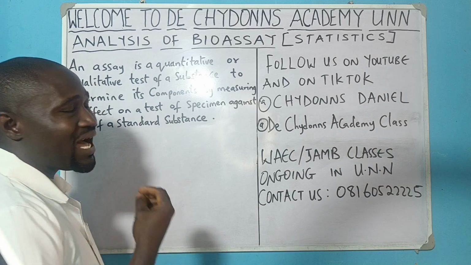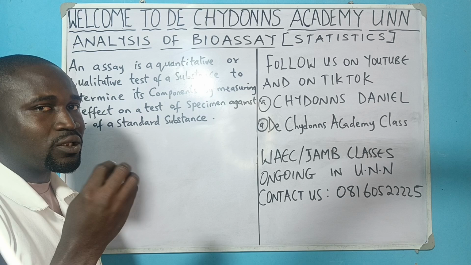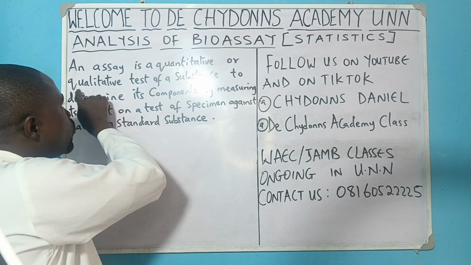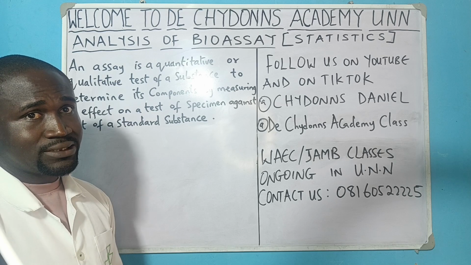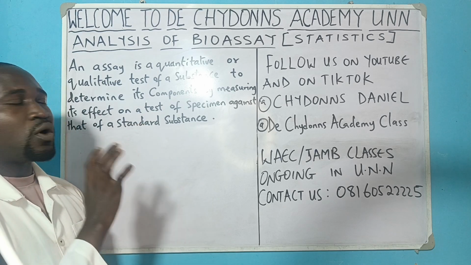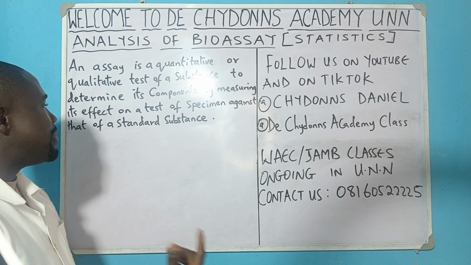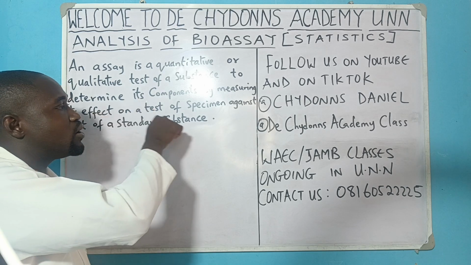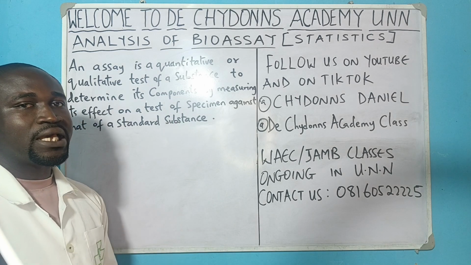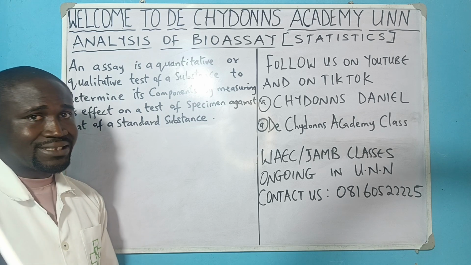But when the outcome you got is not measurable, you can't quantify it, you can't know the value or amount it is, you say it's qualitative. So when we are checking the quantitative or the qualitative test of a substance to determine its components by measuring its effect on a test specimen against that of a standard substance, we say you are experimenting on assay.